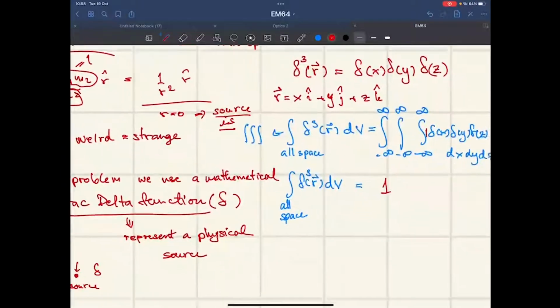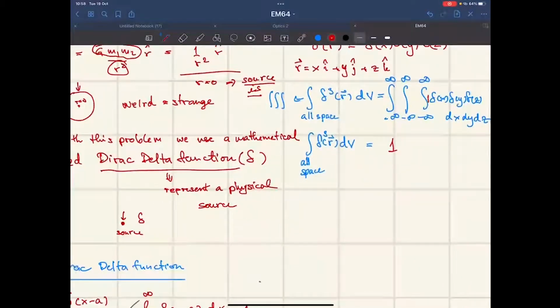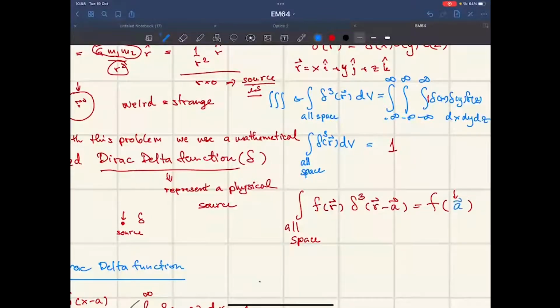Now, if we want to generalize this function, we can say that over integration of space, f of r here. Let me write down the general form here. Is equal to what? Can you tell me what is in here? It's a.